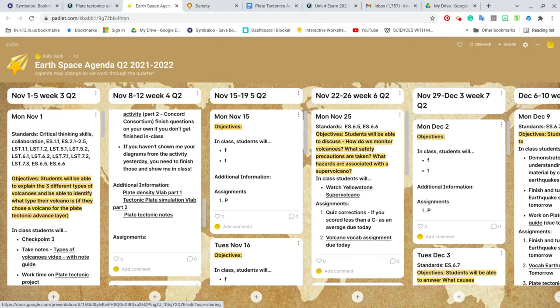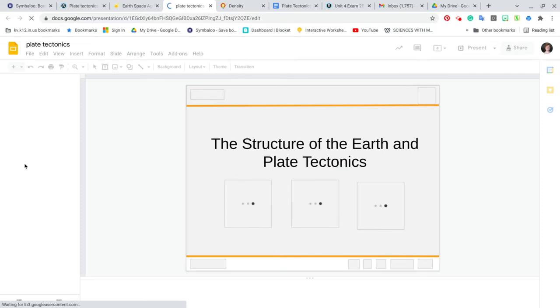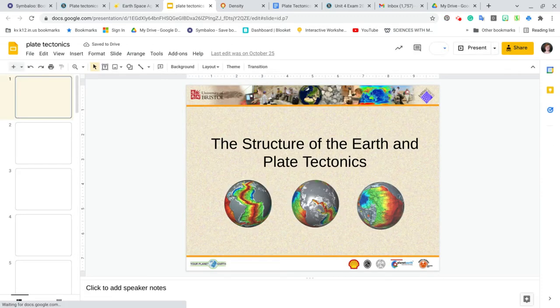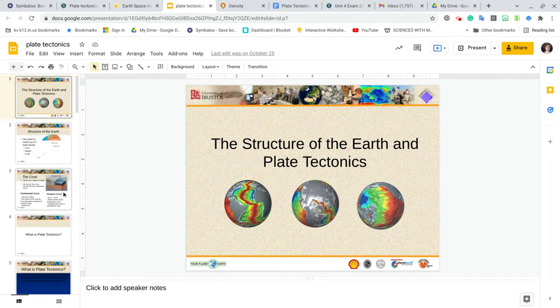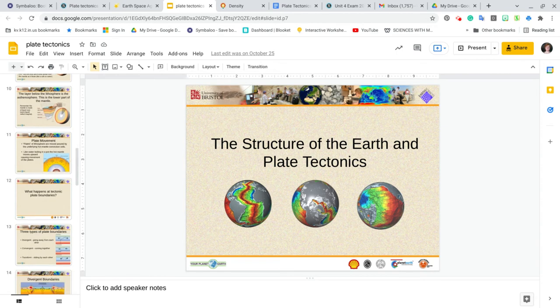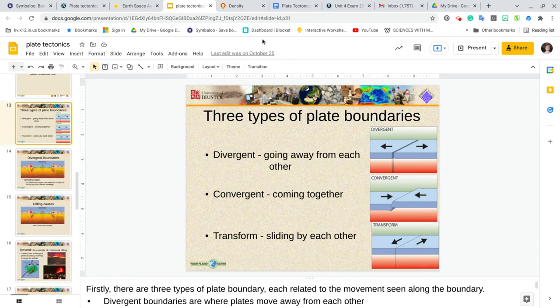If you have those notes, fantastic. If you don't, that's this presentation, and you will have to go and find it. It's where the 1 page or 2 page of notes comes in handy. There, 3 types of plate boundaries.